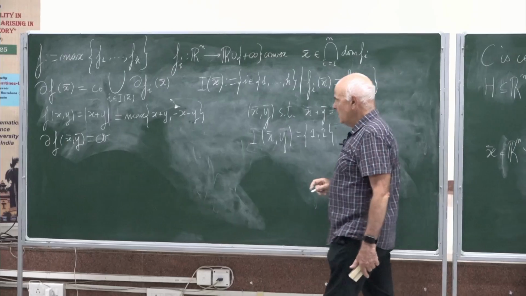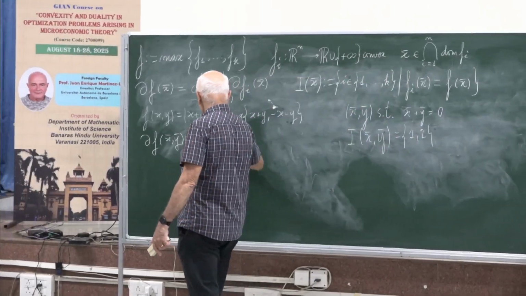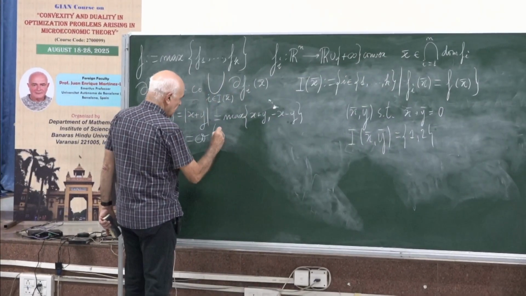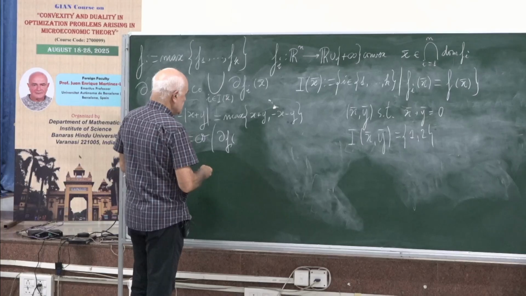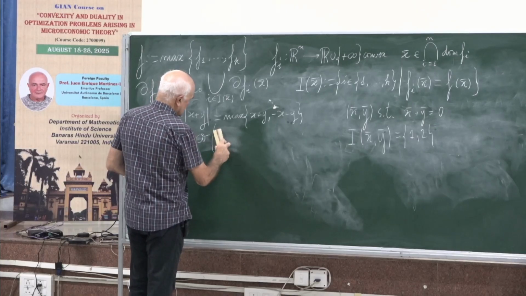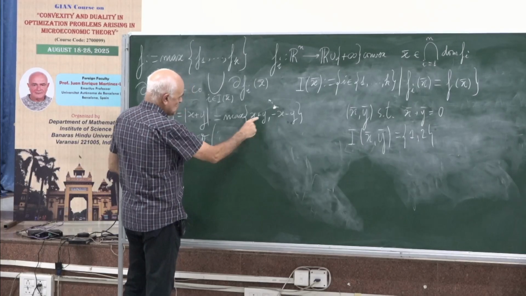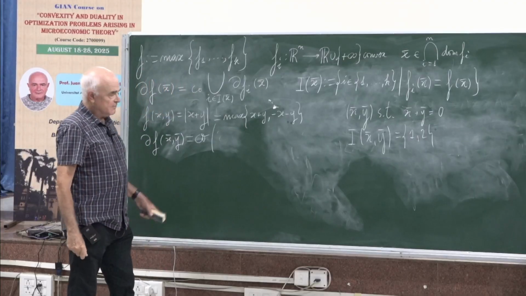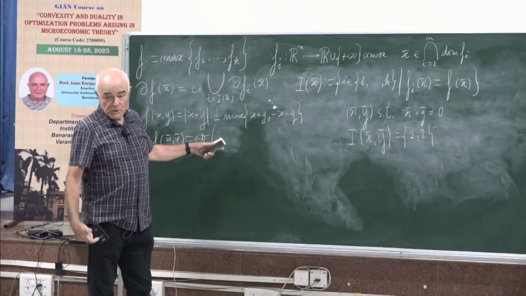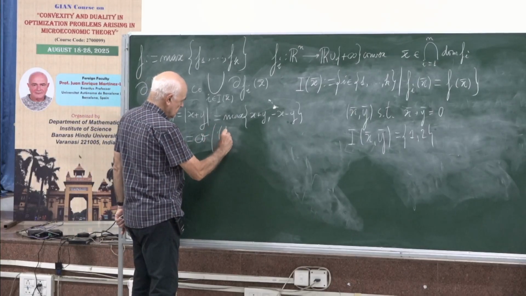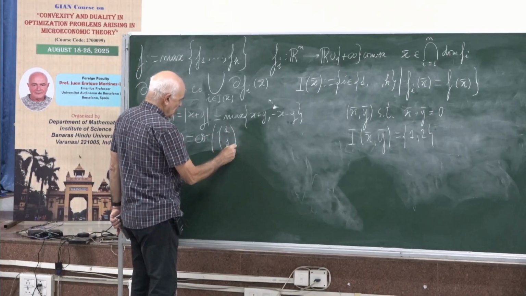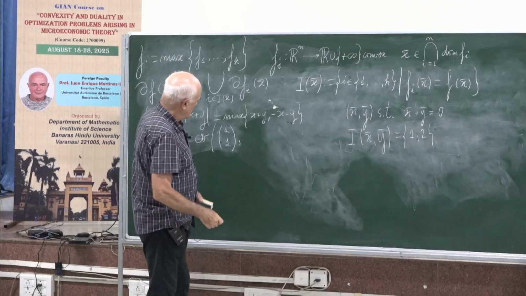So this means that it would be the convex hull of the subdifferential of f1, and what is f1? x plus y, okay, which is (1, 1), because it's differentiable. Union, you can write it like this.